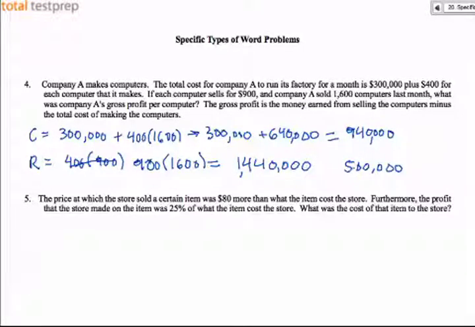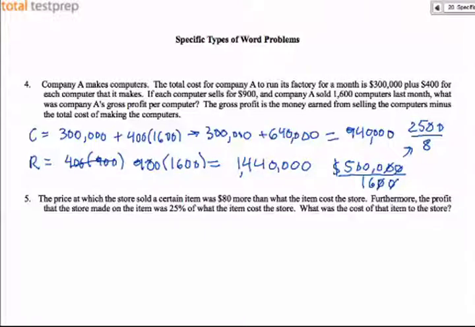So the gross profit is going to be $500,000 for the 1,600 computers, and to find the gross profit per computer, we divide this by 1,600, and we can reduce the zeros, so we get 5,000 divided by 16, which can be reduced further to 2,500 divided by 8.